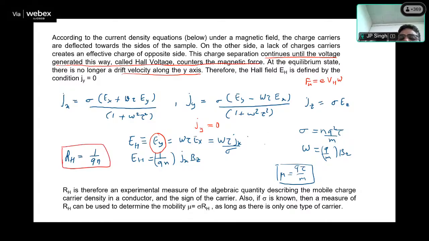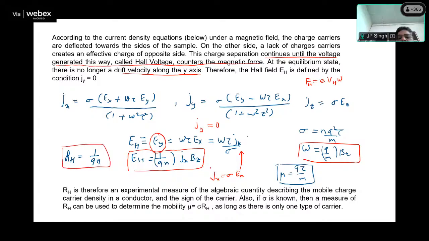Now for Ex, I can still assume the deflection is small, so I can write that Jx is sigma times Ex. You just rearrange a little. We have defined omega as q by m times Bz, and if you put all these values here, I can write EH is 1 over Qn times Jx Bz.